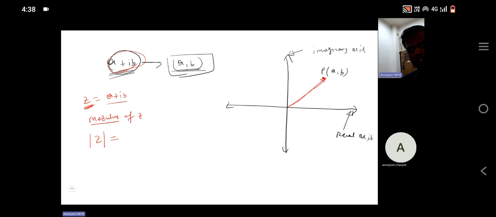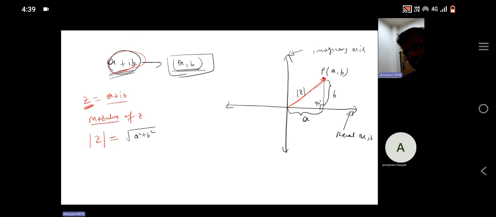If you project a perpendicular from this point to the x-axis or real axis, then this length will be a and this length will be b, and this is 90 degrees. So by Pythagoras theorem, mod of z is equal to root over a square plus b square.